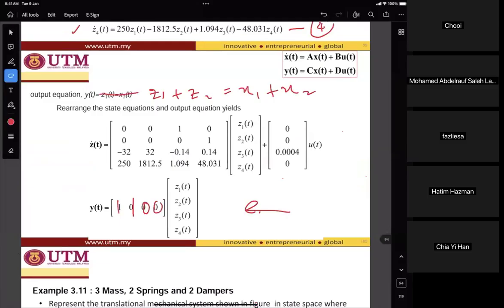That's it. In this case, we said that X1 is the output, but if the question says the total displacement is the output, so X1 plus X2, then 1, 1, 0, 0 is the matrix C.